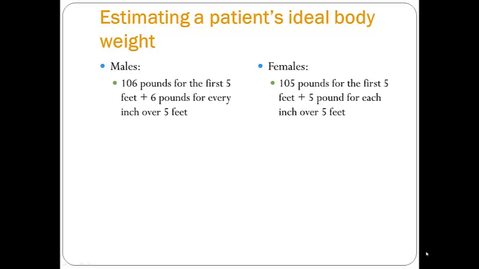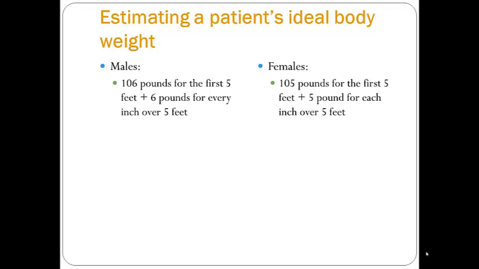There will be times where you'll find it useful to be able to estimate an adult patient's ideal body weight. We don't normally calculate our dosing in the obese population based on their actual weight. More likely we will use their ideal body weight or perhaps 20% above the patient's ideal body weight. So it's good to have a quick reference to calculate what an obese patient's ideal body weight should be.